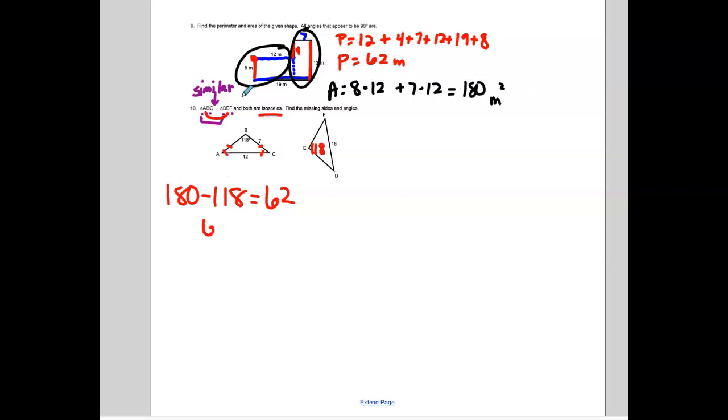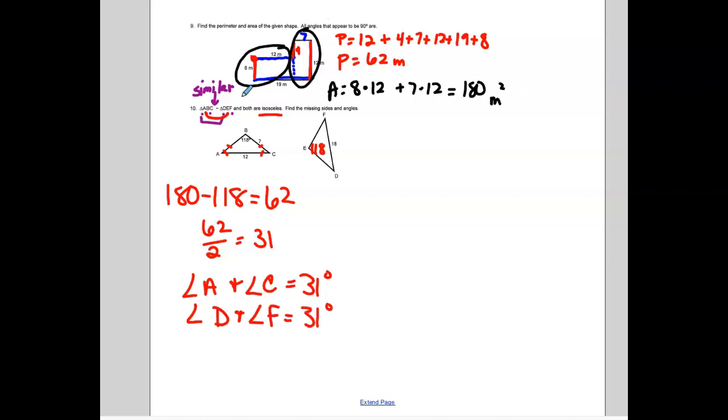So we're going to take this 62, split it equally into two parts, and that means that angle A and angle C are 31 degrees. And since the triangles are similar, that means that angle D and angle F are also 31 degrees.